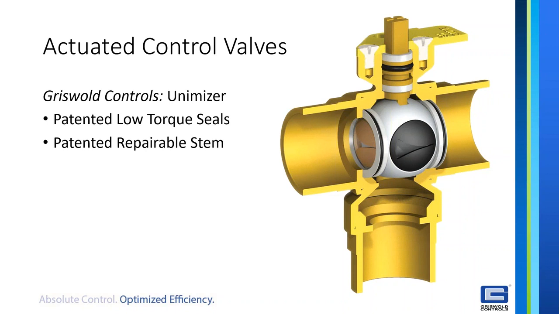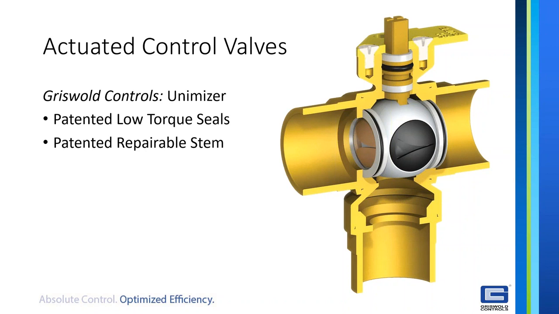And that actuator can actually be 2 to 3 times the cost of the smaller actuator. So your initial investment of product with a standard actuator is going to be higher if you don't have the low torque seal, as well as any replacement cost that you have to do. And since we all know that the actuator is what fails first on any of the valves, that replacement cost is fairly important.